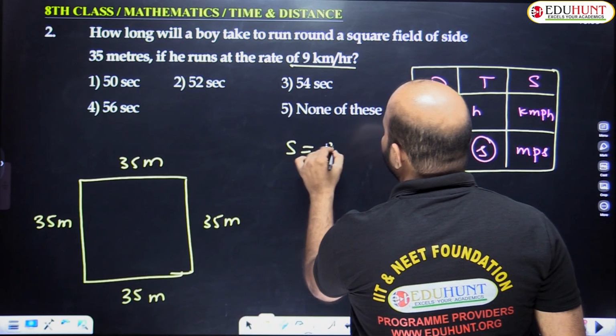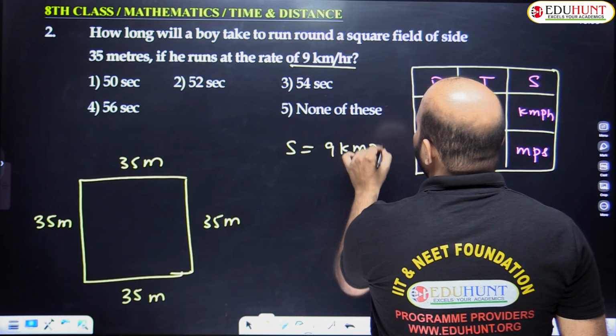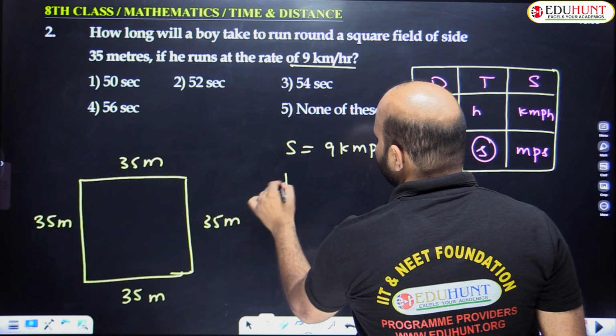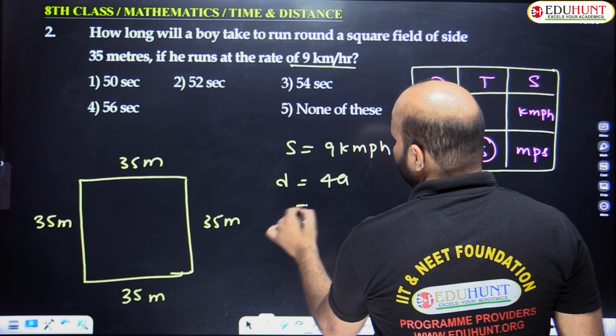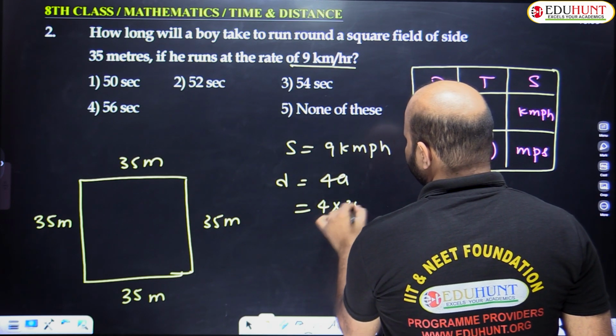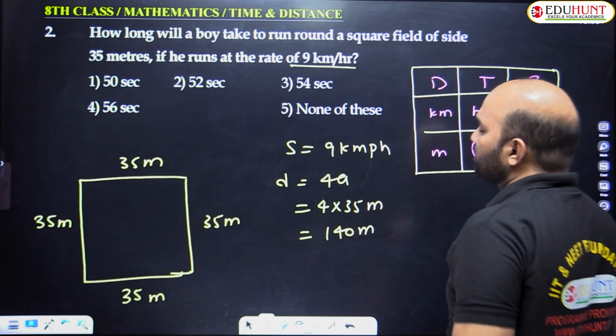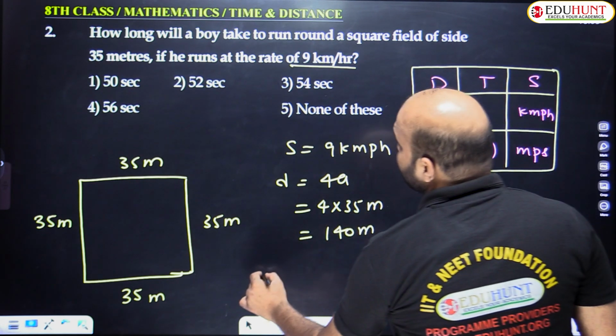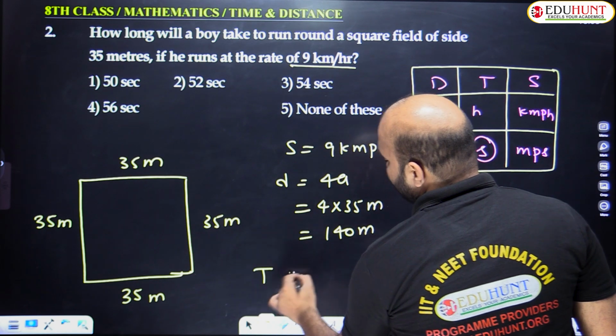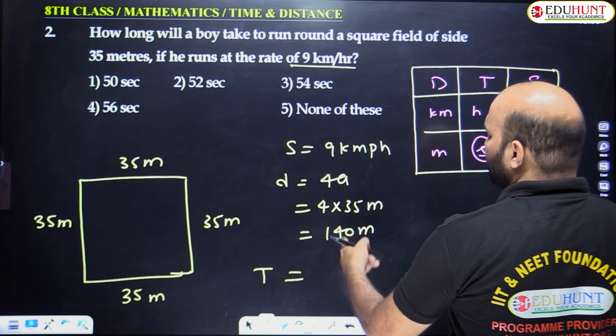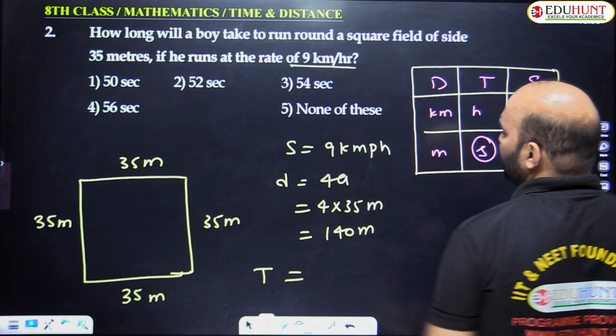What is the total distance? The total distance equals the perimeter of a square, 4a, so 4 into 35 meters, which is 140 meters. That is the distance. So the question asks: 140 meters is covered in how much time if he maintains 9 km per hour?